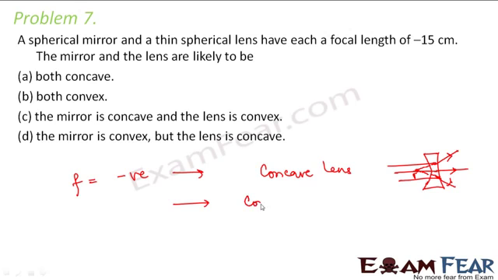It is negative in the case of a concave mirror. If you remember your concave mirror, it is somewhat like this. That means your center of curvature is here and your principal focus is here. Right, so in this case also it is negative. So the correct answer would be both are concave.